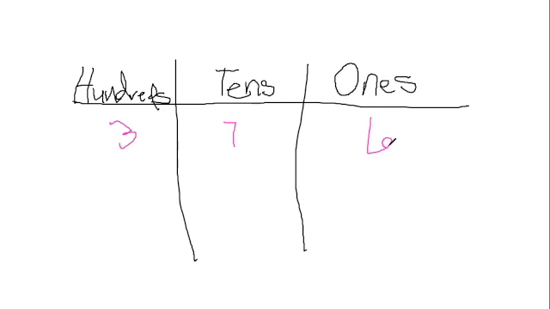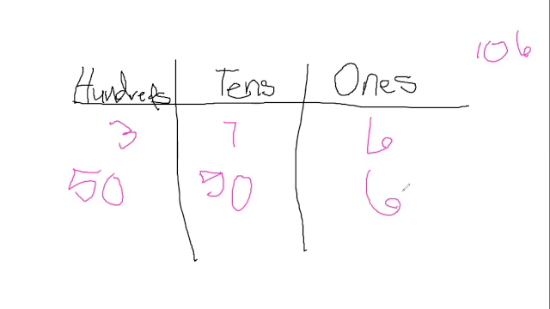When I was looking over our math the other day, I noticed that some friends were taking the total number. For example, let's say the number was 106, and instead of paying attention to the place value, they split up the 100 to look like this. What this actually says is that this number has 50 hundreds, 50 tens, and 6 ones.